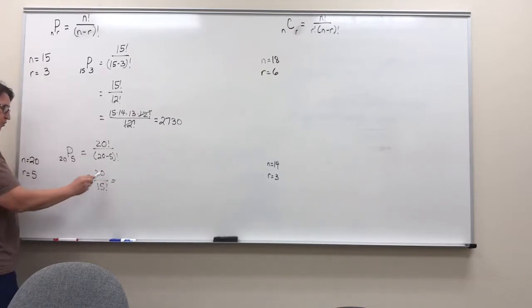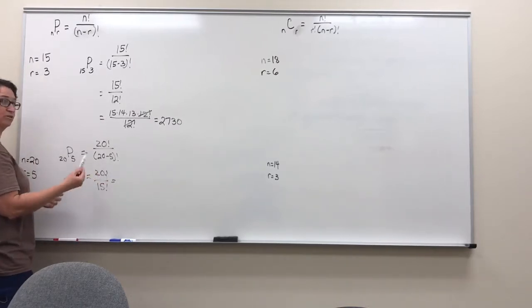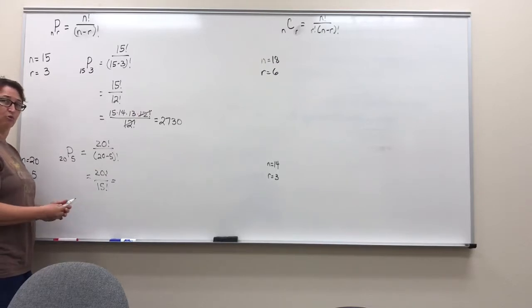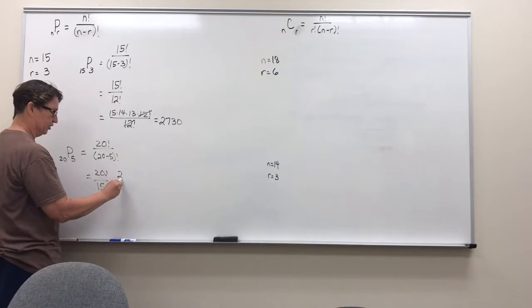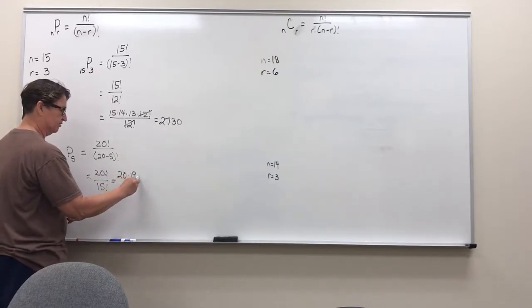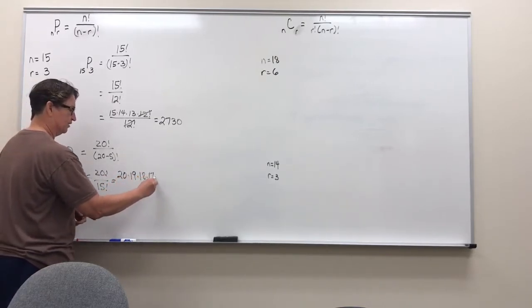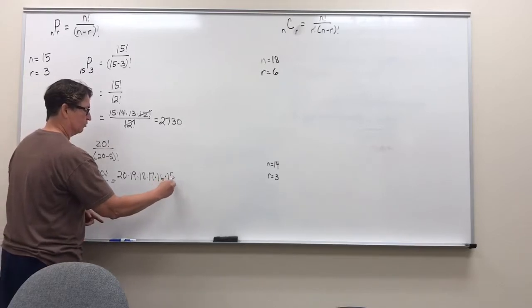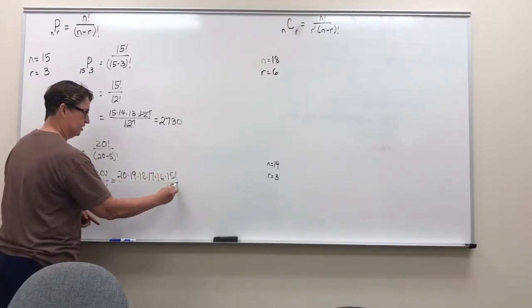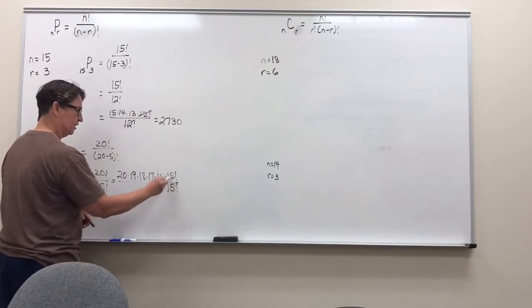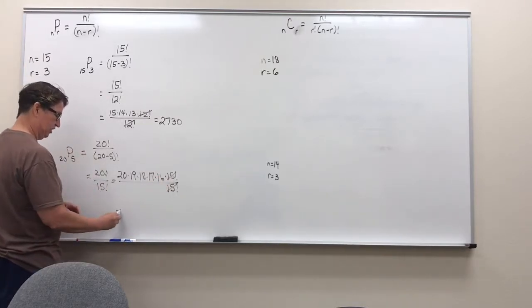And now this 20 factorial is just 1 times 2 times 3 all the way up to 20. Again, I'm going to stop at 15 factorial because the bottom has 15 factorial. So this number on top is the same as this number on bottom. So those two are just equal to 1.